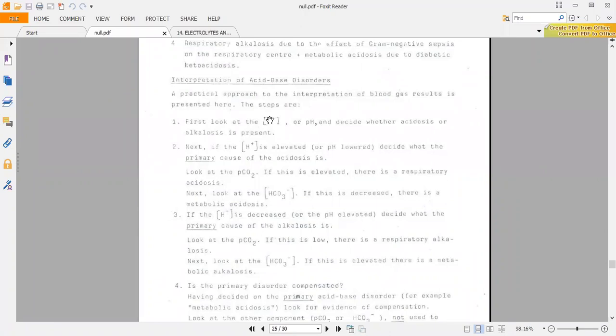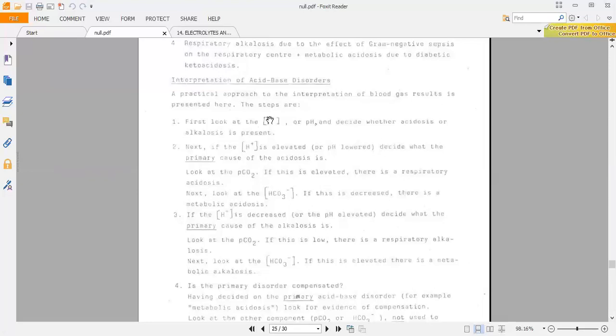So you always try to integrate the clinical scenario they've given you with the values they've given you. With that, you can determine whether your patient has a metabolic condition or a respiratory condition.